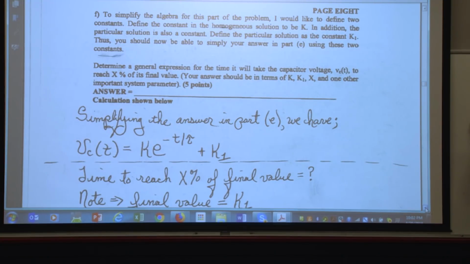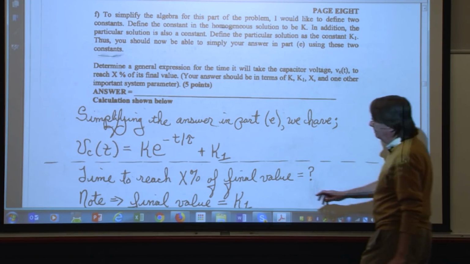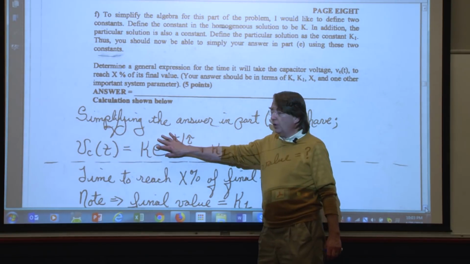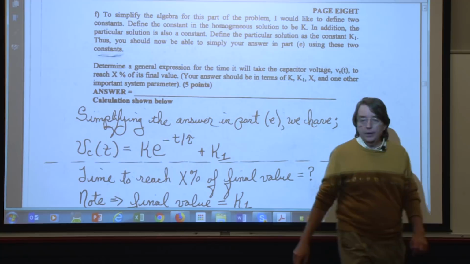Here I'm saying how long does it take to reach X% of the final value. What's the final value? Perfect, Parker. That's the key. The final value is k1. That's the particular solution. Michael, if we let t go to infinity, this term goes to 0. So the final value is k1.